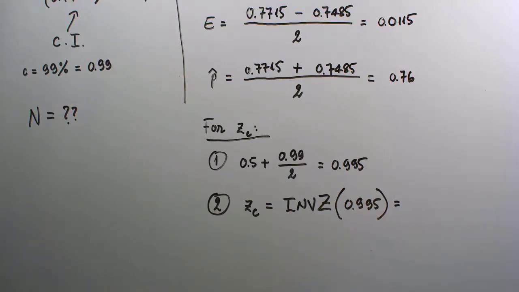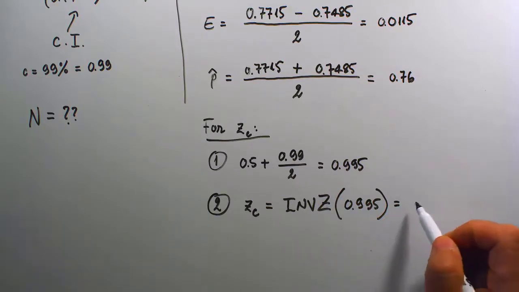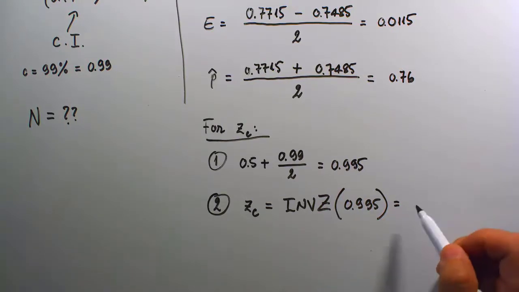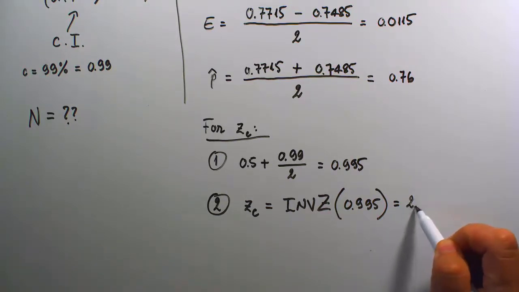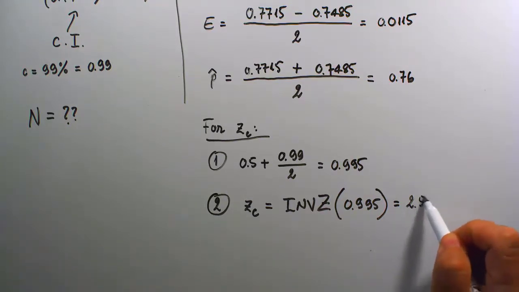The calculation from my INVZ program shows that the z-score that gives the left area of 0.995 is 2.575 and a lot longer. On my board here, I'm only going to use 3 decimals, so our final z-score that we're using here is 2.576.